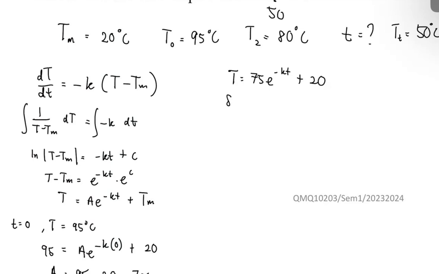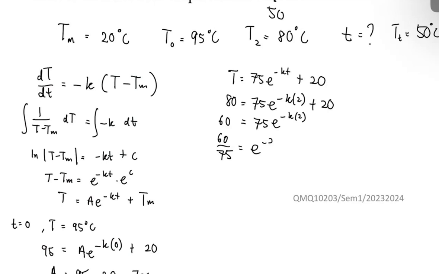So 80 equals 75 exponent minus k times 2, plus 20. Now let's solve this to find k. 80 minus 20 equals 60. So 75 exponent minus 2k. We have 60 over 75 equal to exponent minus 2k.